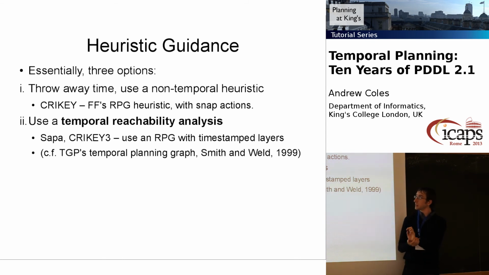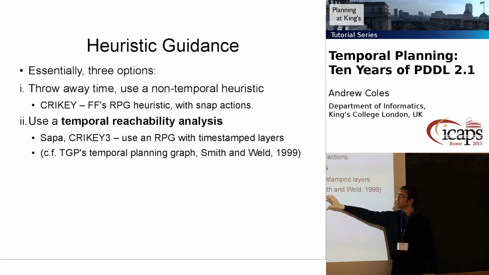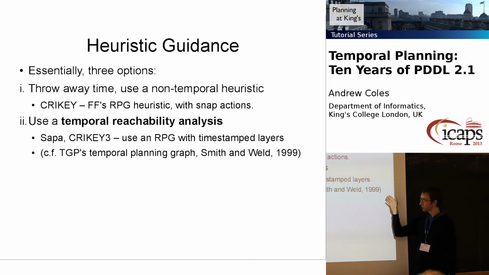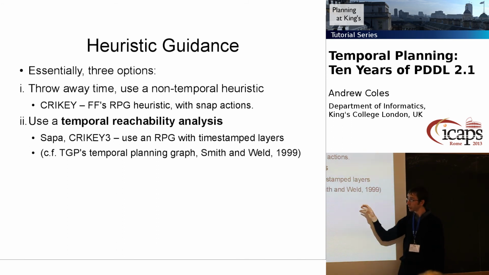Option two is to actually try and come up with some sort of temporal heuristic, so SAPA and Crikey 3 and various other planners use a temporal reachability analysis based on this relaxed planning graph where your layers have timestamps. So instead of the layers being offset by some nominal amount to say the actions in this layer add some facts, which can be used as preconditions for actions in the next layer, and so on, we actually would say that an action here, which starts, well, we delay the end of that action until some lower bound of the duration of it in the future, so we don't get its effect straight away.